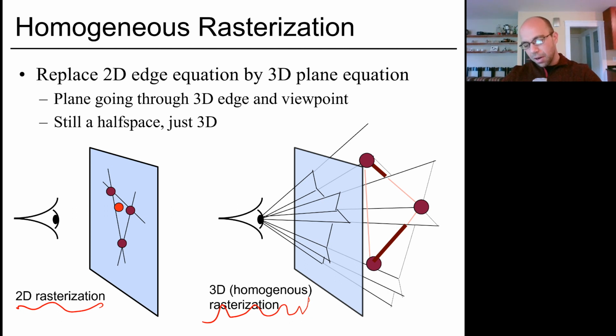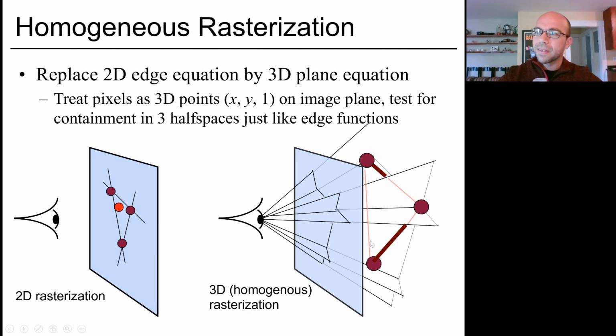Well, what are all of the different points that are visible in my eye? Well, they're all the different points that lie on the proper side of these 3 planes. And so this is just a different computation that you can do that essentially replaces the 2D edge equation with a 3D one. So essentially it's still a half space, it's just a 3-dimensional computation.